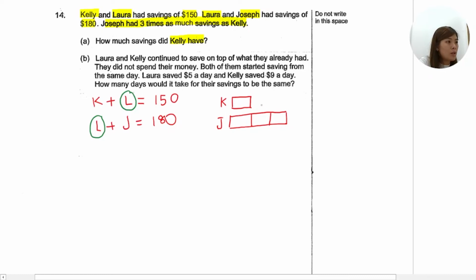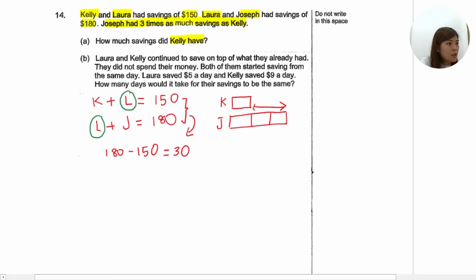Okay, so in this case, the difference here, 2 units is equal to the difference here. 180 minus 150, that's the difference, correct? Between these two, the difference.